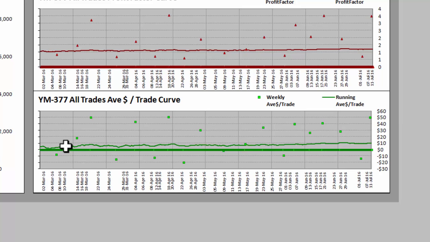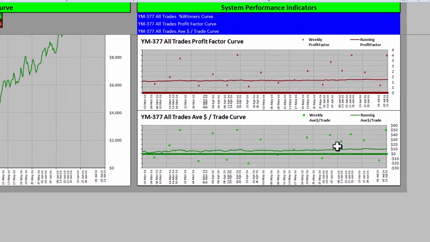But notice that the average net profit per trade has been steadily growing up, getting higher and higher. And notice that the strong winning weeks are much stronger than the losing weeks. Again, this is showing you stability. Remember, this is looking at 4 positions, so you have to always remember that.